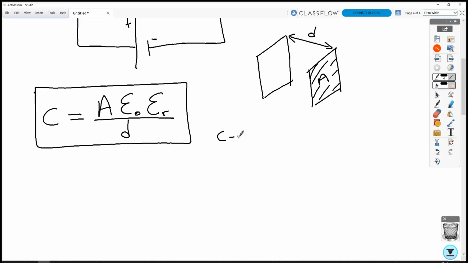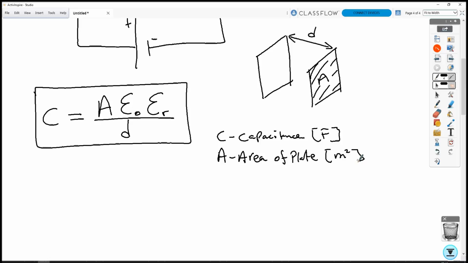So C is capacitance measured in farads. A is area of plate measured in meters squared.